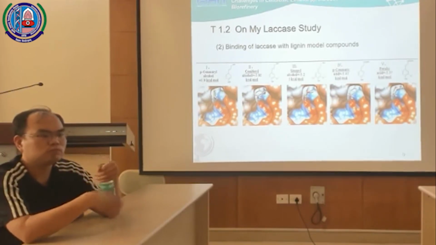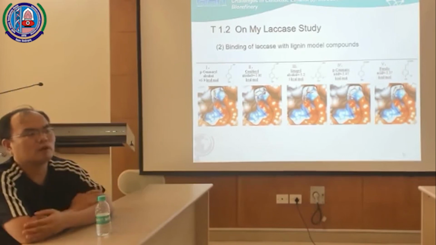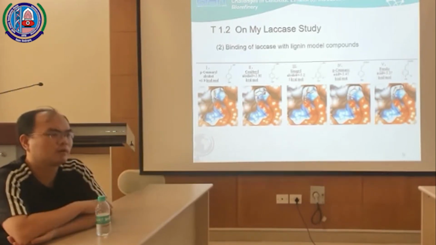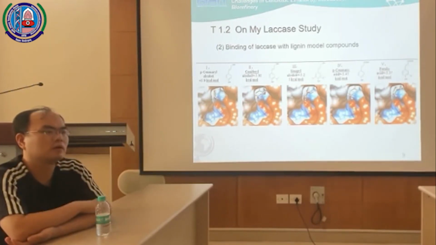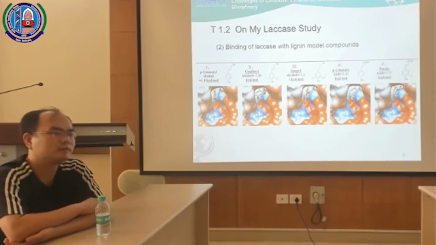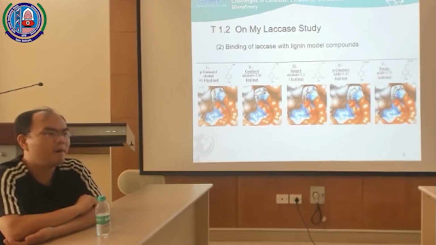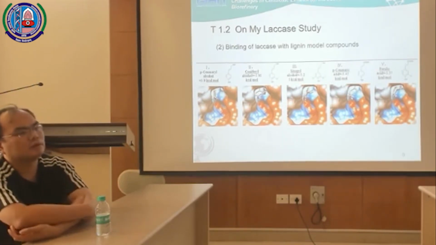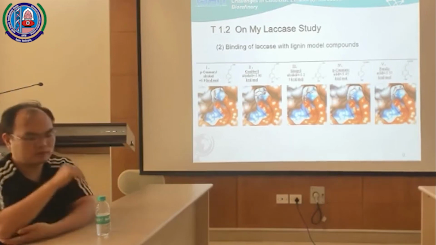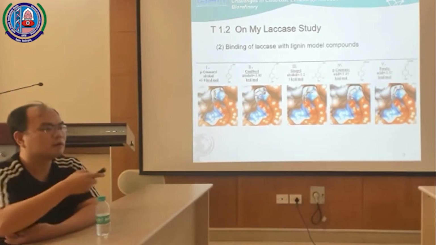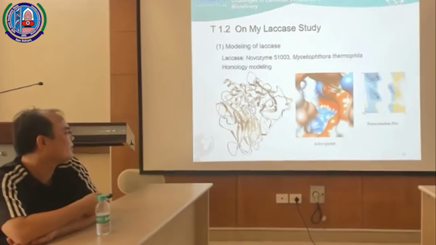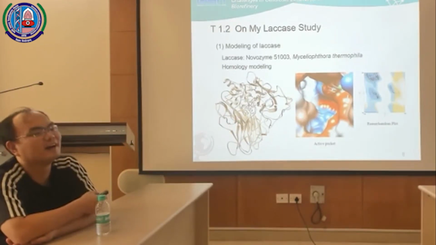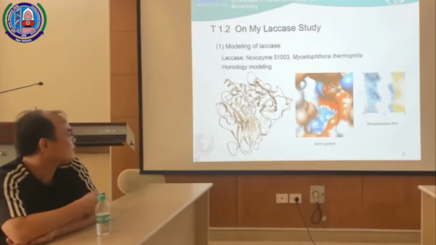One reason for not having a structure is the lack of copper in the active site. When you do crystallography, it's very important that you don't lose copper from the active site. In this model, the copper has been added in silico.